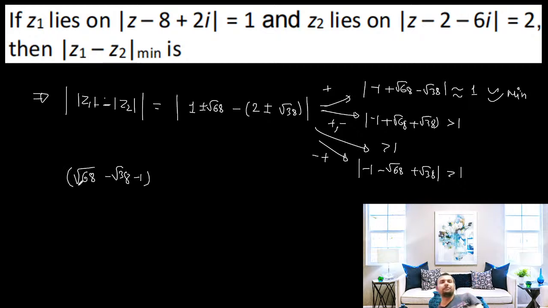If we don't know this approach, we can have method 2. So method 2 is what? This is x plus iota y, and this is 1.